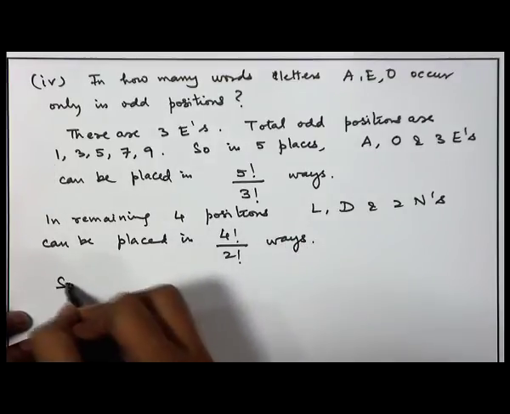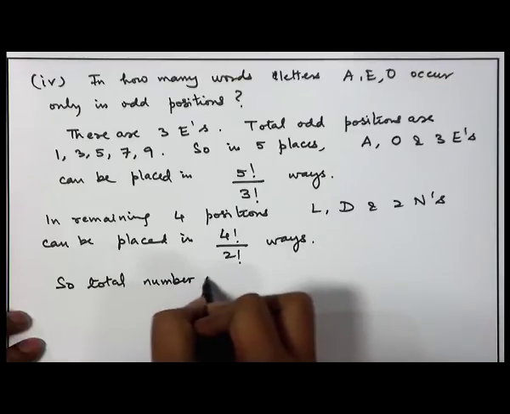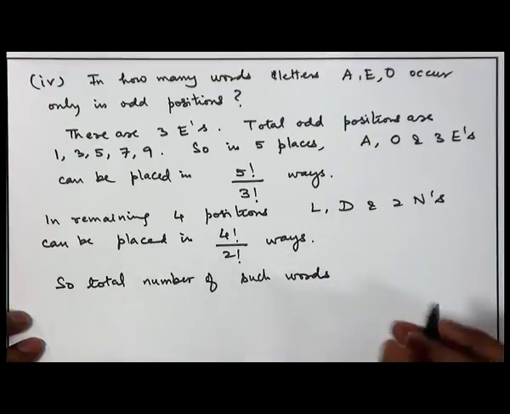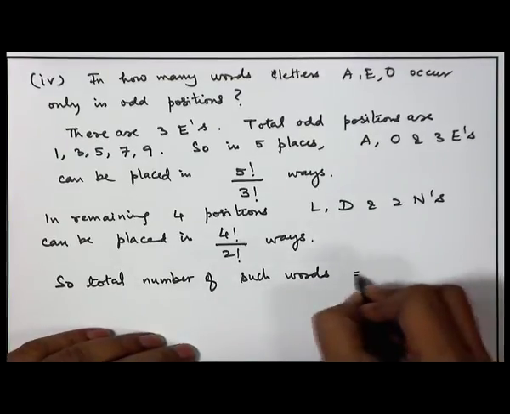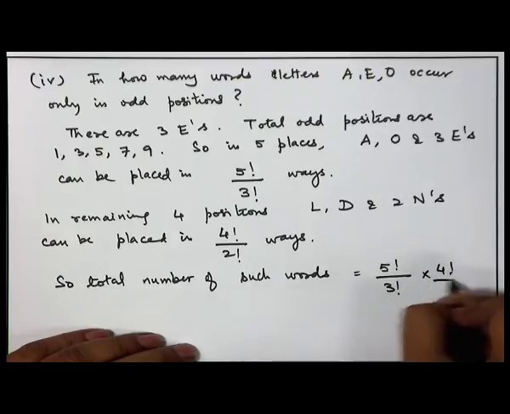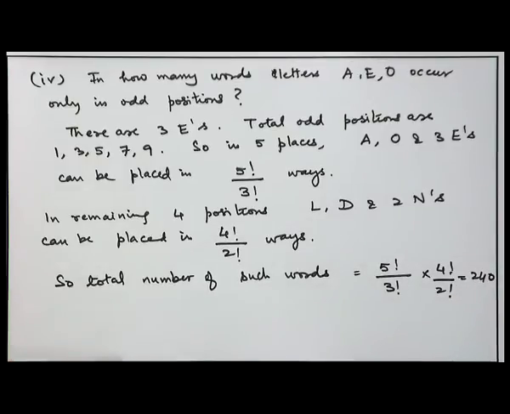So, you have the total number of such words equal to 5 factorial divided by 3 factorial into 4 factorial divided by 2 factorial, that is 240. That is, there are 240 words in which the letters A, E, O will appear in odd positions.